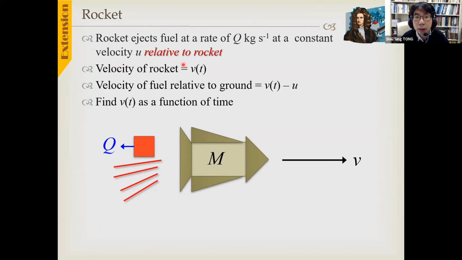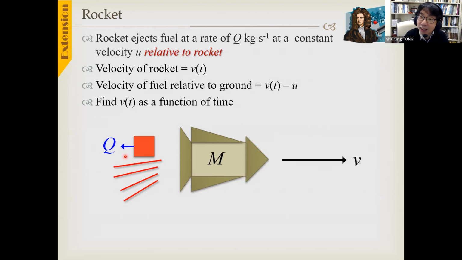Now the velocity of the rocket itself is v, right? That is relative to the ground. For the velocity of the fuel relative to the ground, you have to use the relative velocity concept. If the velocity of the rocket itself is v, and the velocity of the fuel is u, then the velocity of the fuel relative to the ground is v minus u. Now the fuel is actually ejected in the opposite direction.